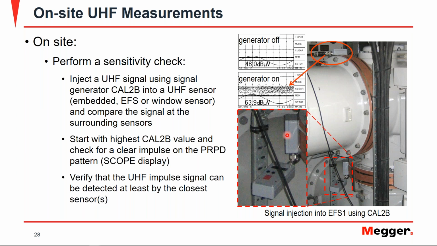Now you inject that impulse and measure on the surrounding sensors, which we have one on this flange here, the external flange sensor, and you can see the difference between the generator off and the generator on. You just want to verify that the UHF impulse signal can be detected at least by the closest sensor, but ideally other sensors as well. Again, this shows the benefits of performing that on-site sensitivity check.